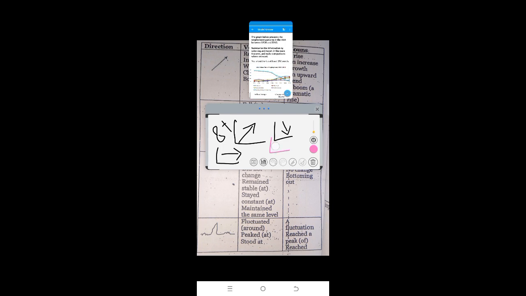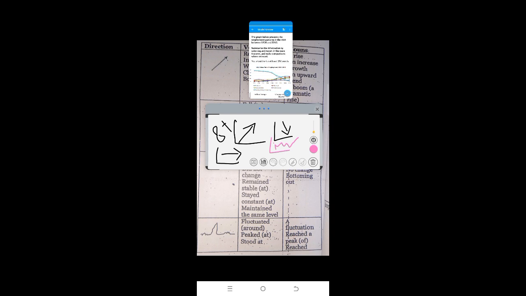If the value is fluctuating, showing different values, unstable, you can use fluctuated around, peaked at, stood at, a fluctuation, reached a peak. You can also say there is instability, and use the word instability.